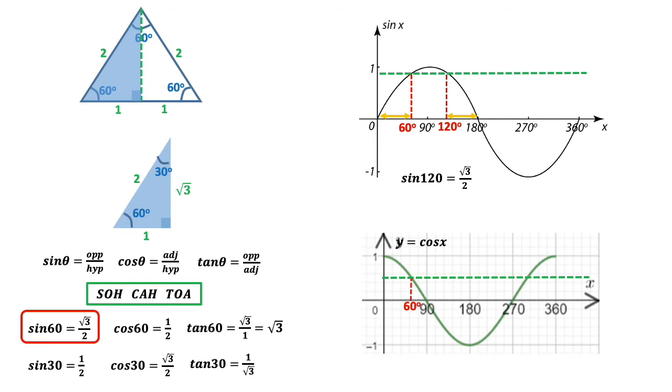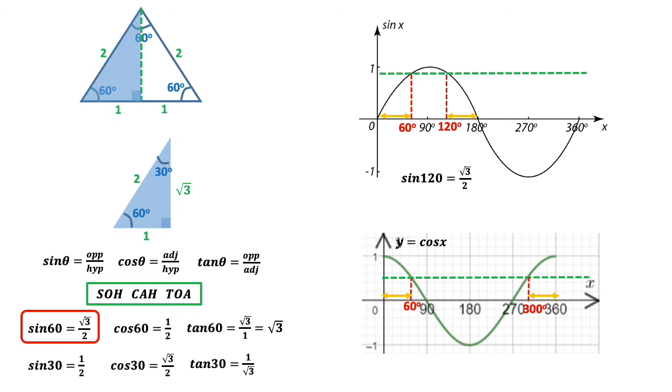We can still use the symmetry of the graph to help us work out what this one would be. That gap is 60, which means this gap here is 60. If I go through 60 and work back 60 degrees, then that value would be 300. So actually, cos of 60 is a half, then cos of 300 is also equal to a half.